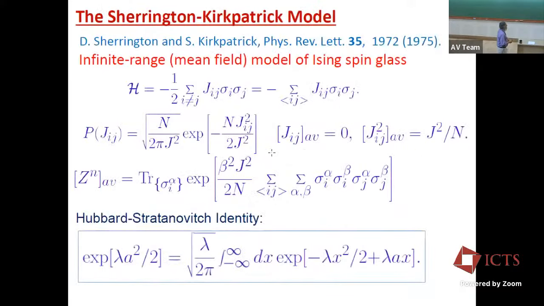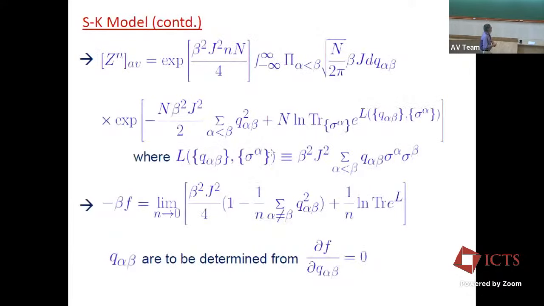All you have to do is to include here a term which is minus H times the sum over i of sigma i. I'm not saying that this is a random field; people have also looked at random field models, but here we are not doing that. We are looking at a uniform field. And again, just go through this procedure and you will have an expression for the free energy, which now involves a term with this magnetic field sitting there.